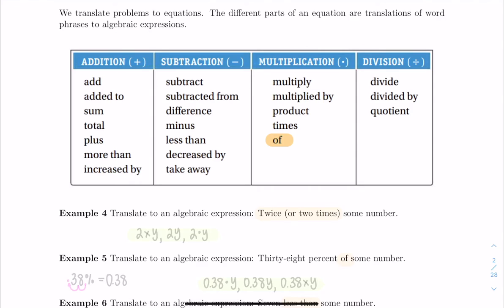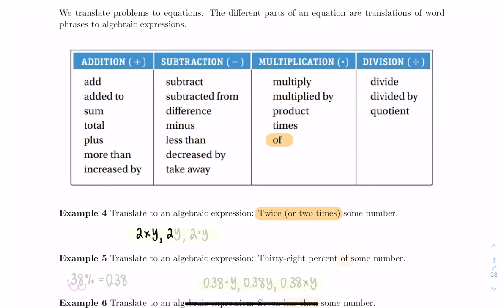We have twice or 2 times some number. So what kind of symbol is twice or 2 times going to give me? That's going to be a multiplication symbol. So you could write twice or 2 times some number. We can just let y be our some number. We don't know what it is. That's one way to write it.